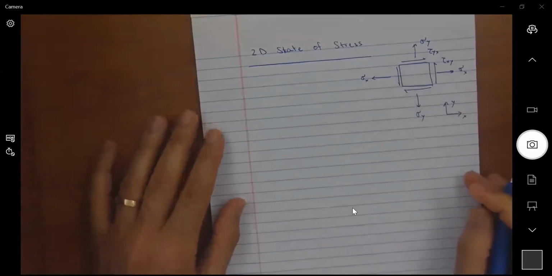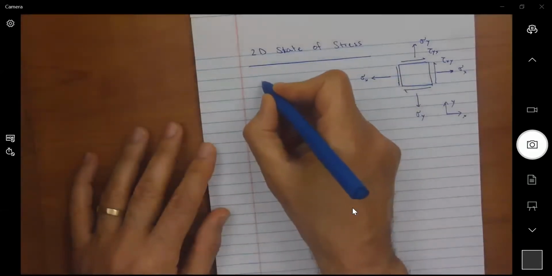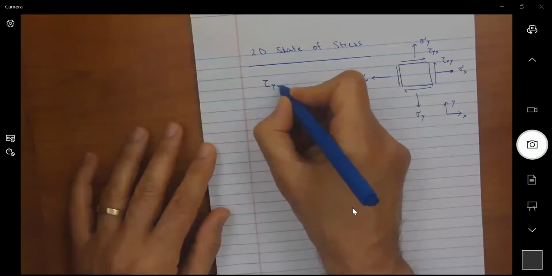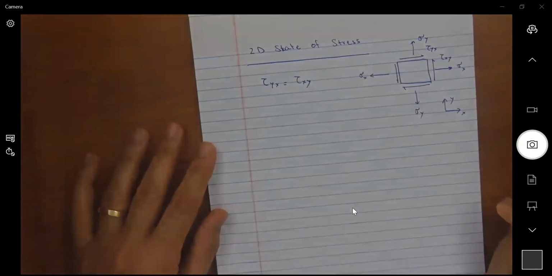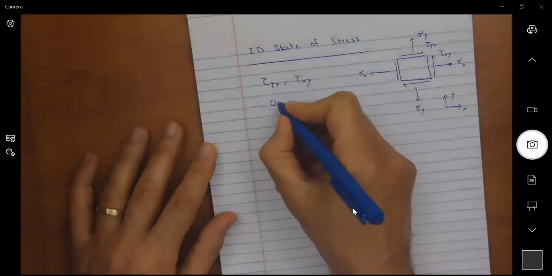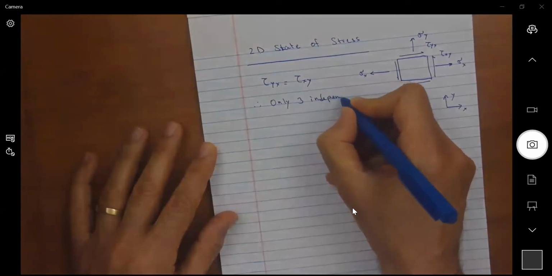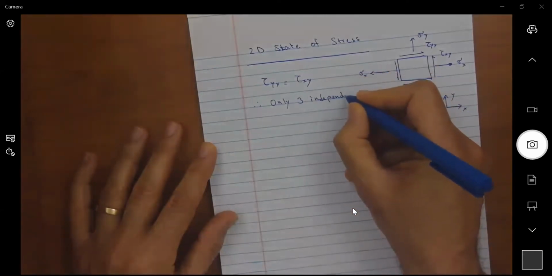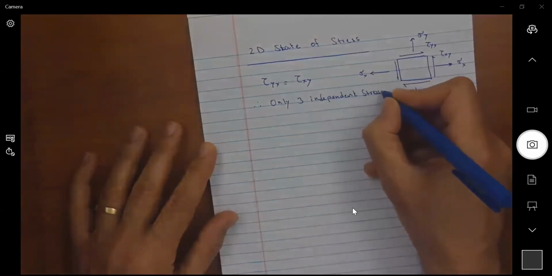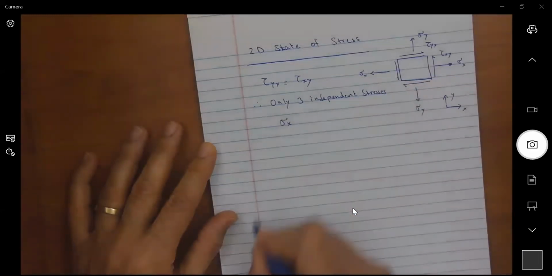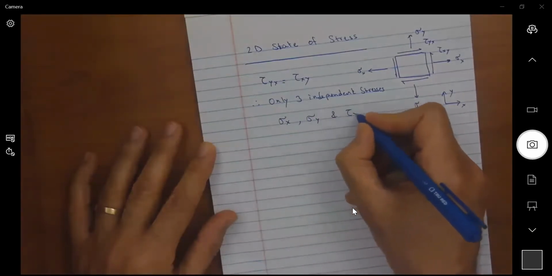From equilibrium of this infinitesimal stress element, we can show that tau YX is the same as tau XY. Therefore, we have only 3 independent stresses, namely sigma X, sigma Y, and tau XY.